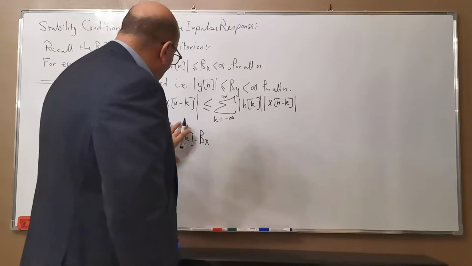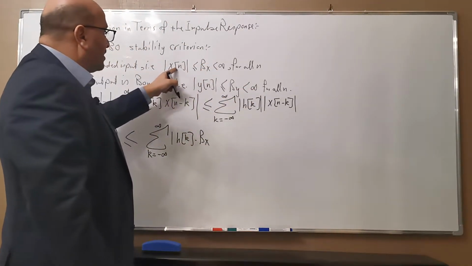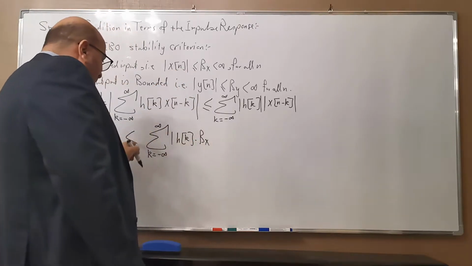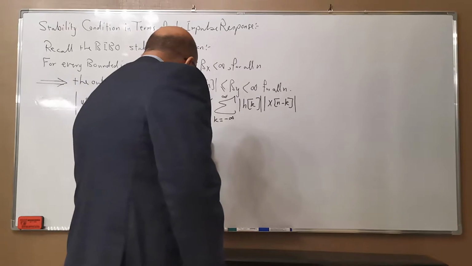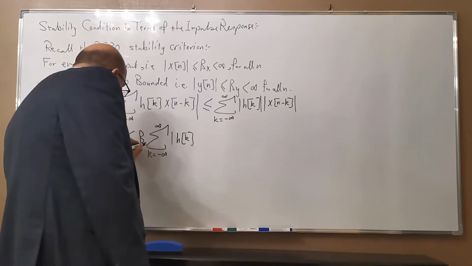Definitely beta x is greater than all the values of x of n. Okay, this one is constant. I'm going to take it outside the summation.